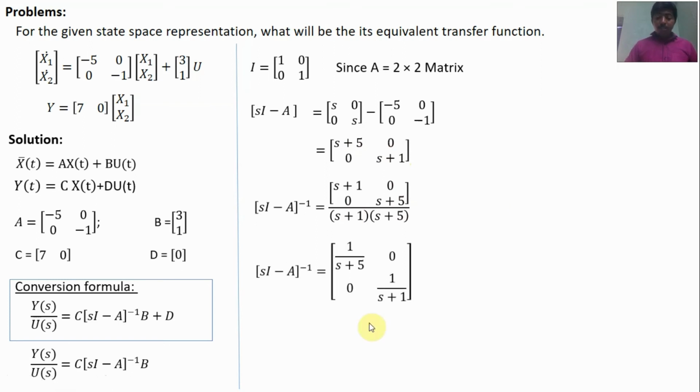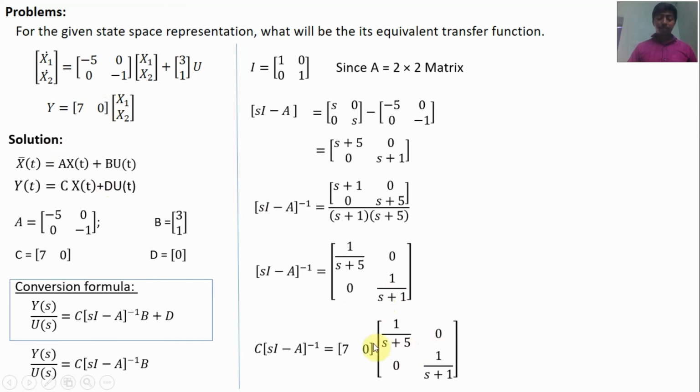So here, s plus 1 by (s plus 1) into (s plus 5): s plus 1 will cancel, so we will get 1 by s plus 5. 0 by anything is 0, 0 by anything is 0, and s plus 5 divided by (s plus 1) into (s plus 5) is equal to 1 by s plus 1. You get the (sI minus A) inverse values. Now find C times (sI minus A) inverse. C value is [7, 0], multiplied by these values.